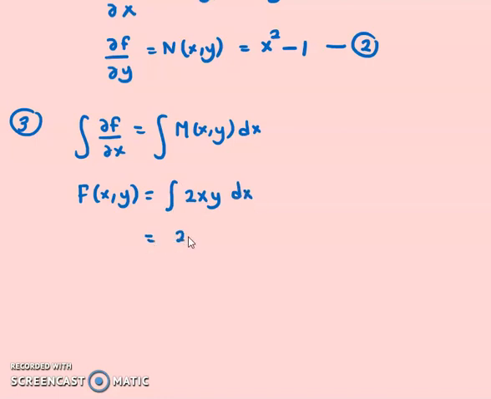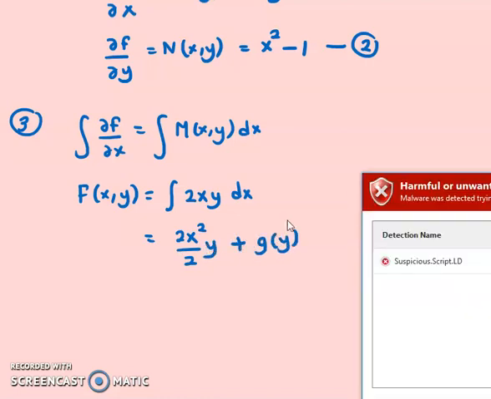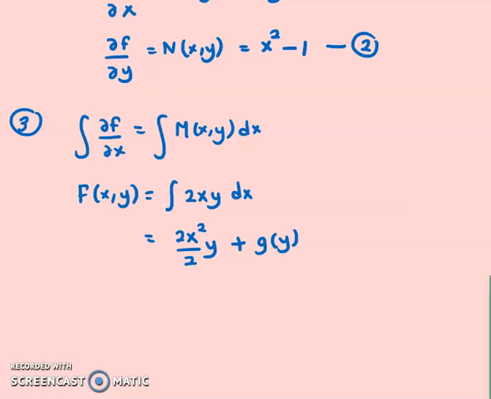This will give me 2x squared over 2 times y, plus g of y. The constant here we are writing in terms of g of y. Simplifying, we get x squared y plus g of y. Okay, so this is good.